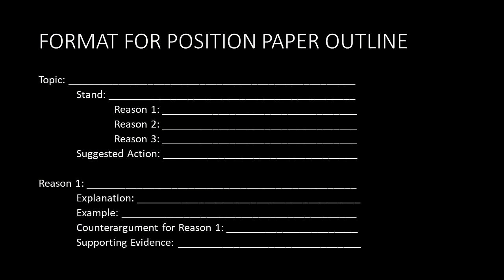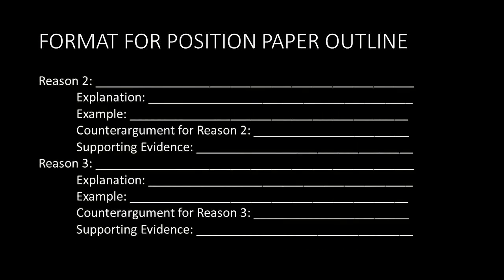So we will do that for every single reason. Okay, so as you can see, I used reason 1 as the main idea for the second paragraph. The same goes for reason 2. Reason 2 is the main idea for paragraph 3, and reason 3 is the main idea for paragraph 4.